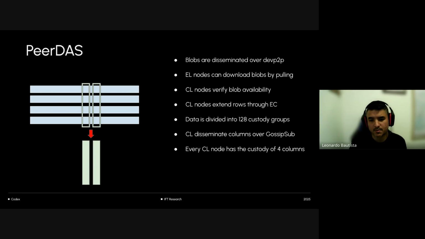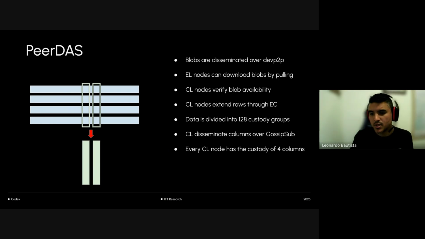The minimum requirement is 4 columns, as I said. If you store more, I will know which ones those are, because just from the node ID, I, and anybody in the network, will be able to compute deterministically that you need to store this column, this column, this one, and maybe this one, just by looking at your node ID.